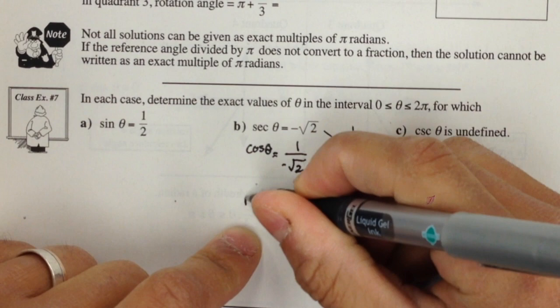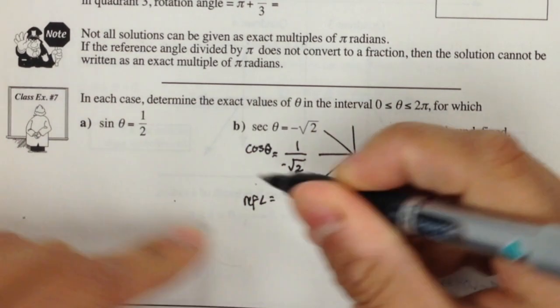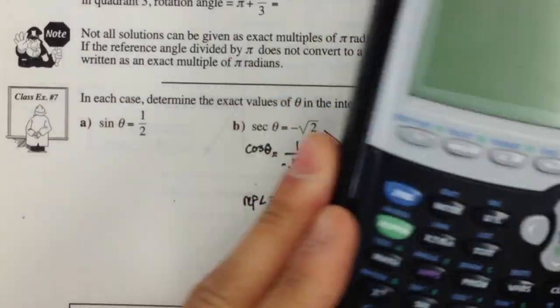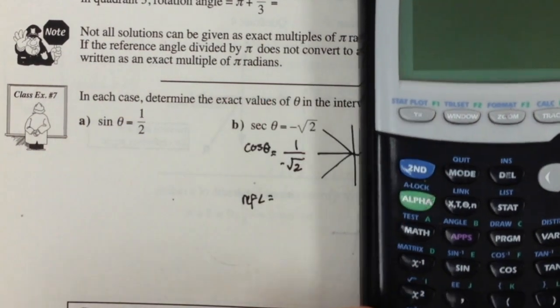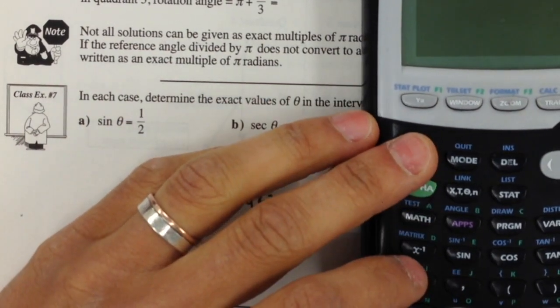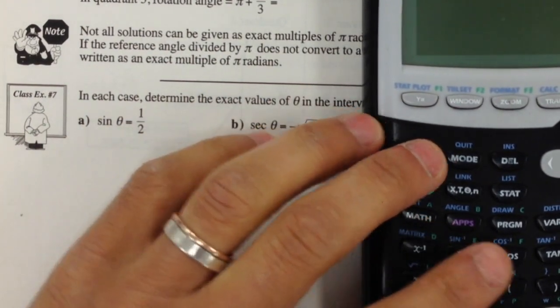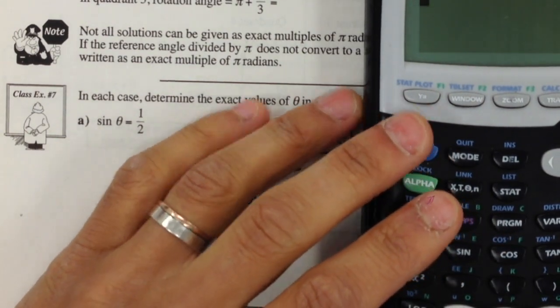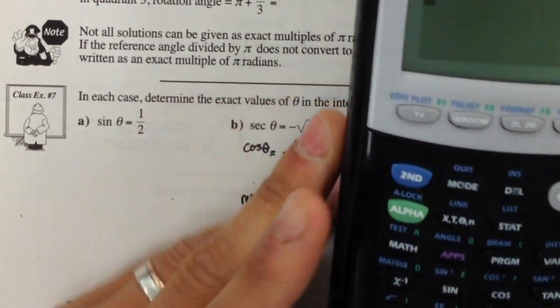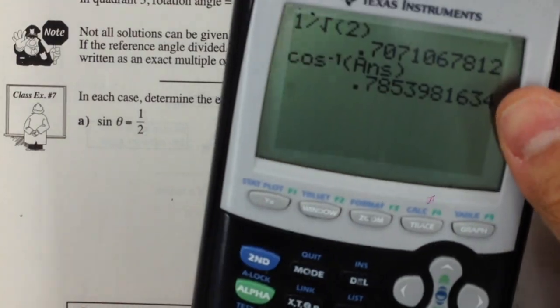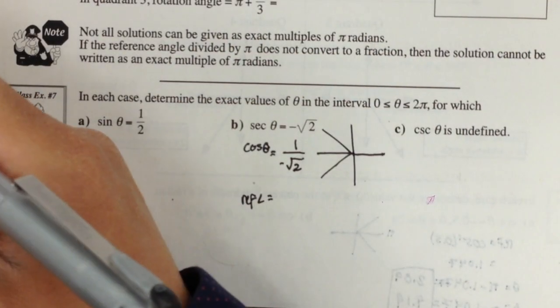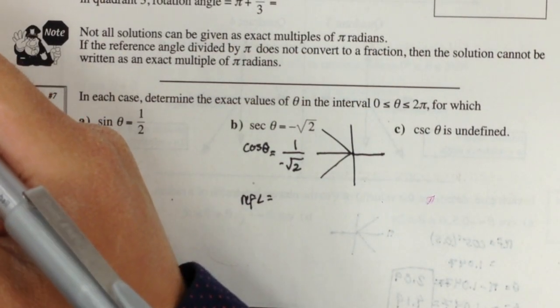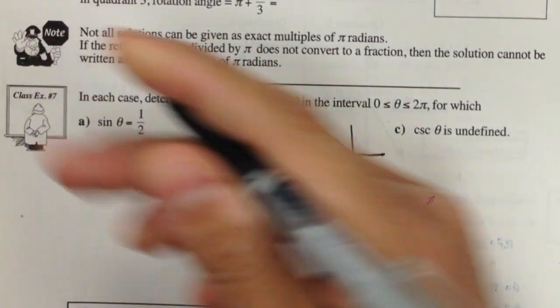My reference angle then is going to be the inverse cosine of 1 divided by root 2, which is 0.78, which is about pi over 4.